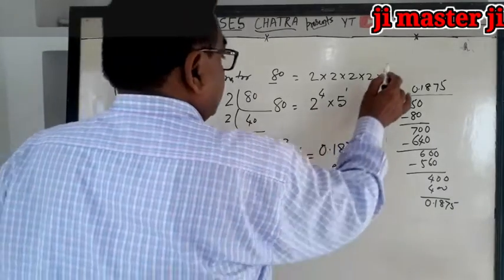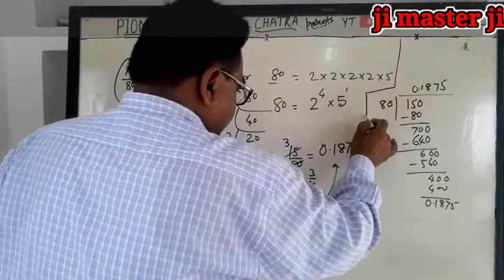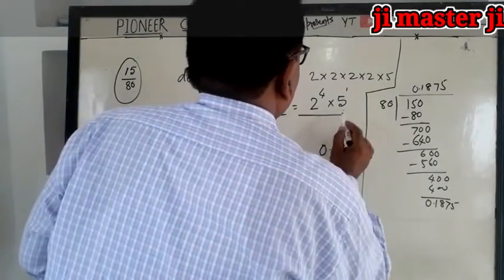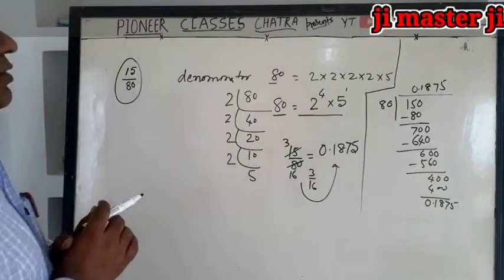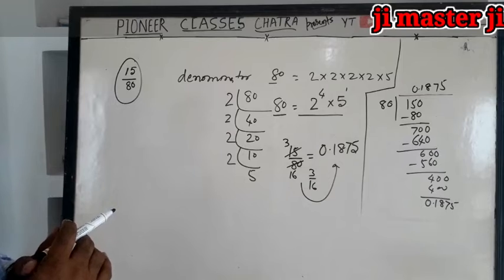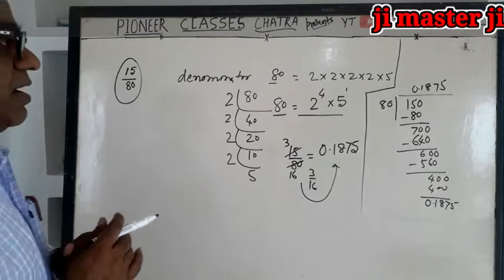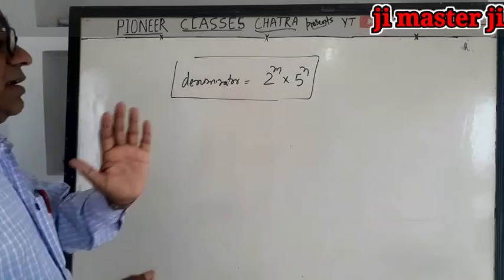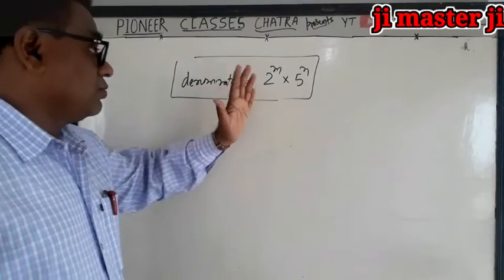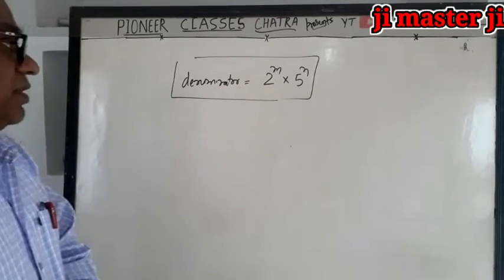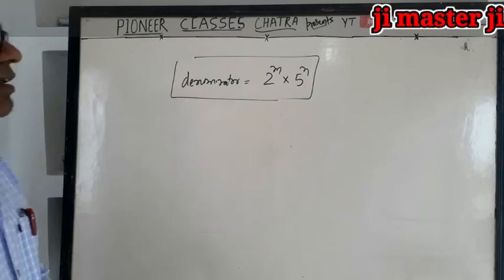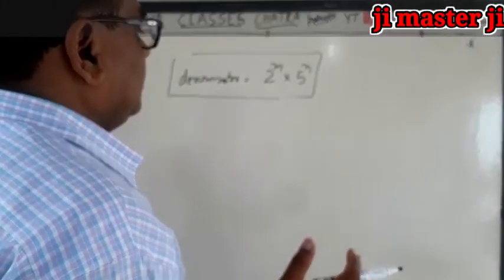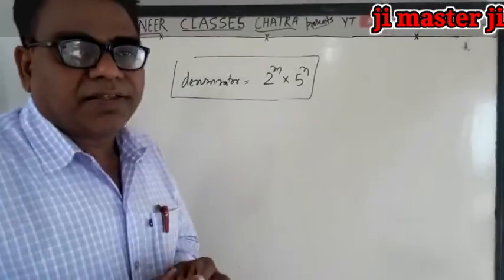But what we have seen here, 80 is equal to 2 to the power 4 into 5 to the power 1. So we find a conclusion: if the denominator is expressed in the form 2 to the power m into 5 to the power n, of course the decimal representation of that number is terminating. So what is our process?